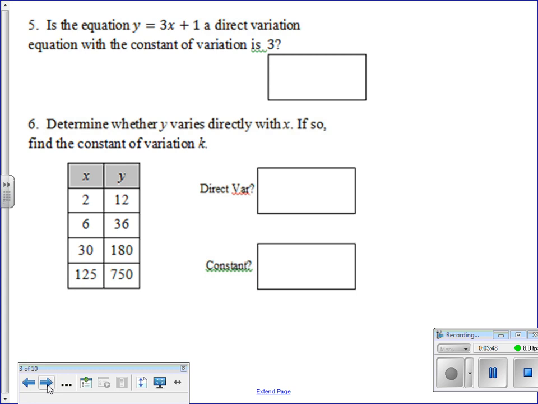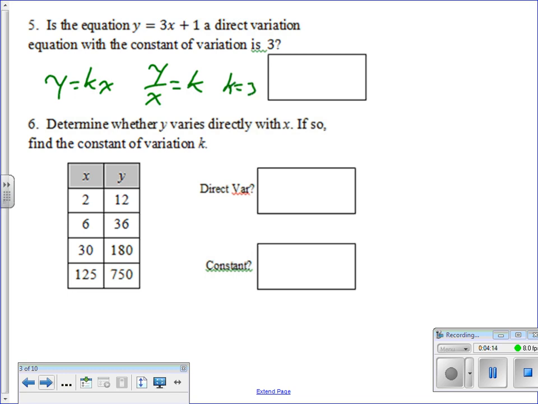Is the equation y equals 3x plus 1 a direct variation equation with the constant of variation 3? Is that yes or no? This is a simple question. Yes or no. Either it is or it is not. Can I write this as y equals kx or y over x equals k, where k is equal to 3?